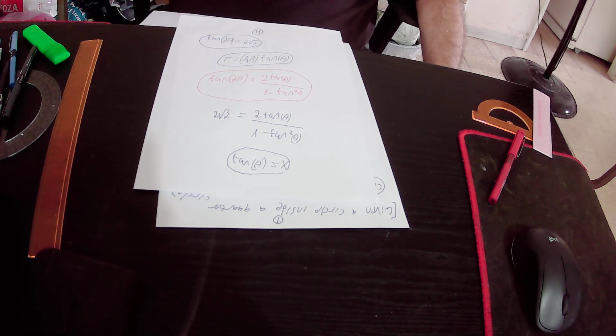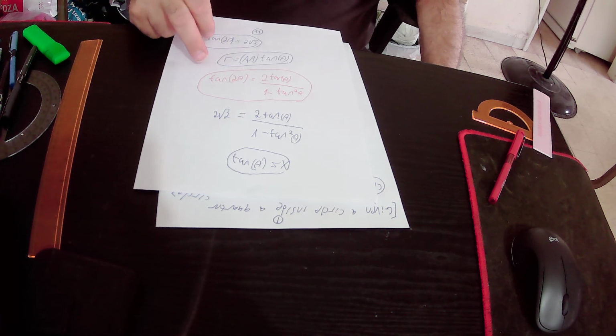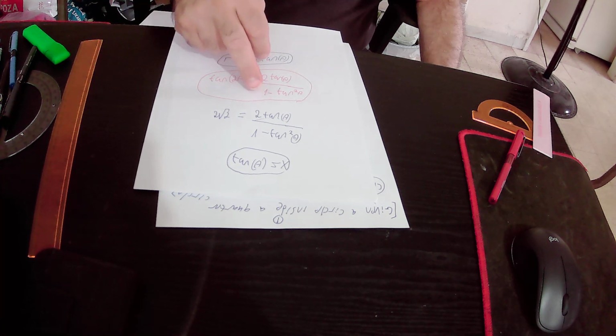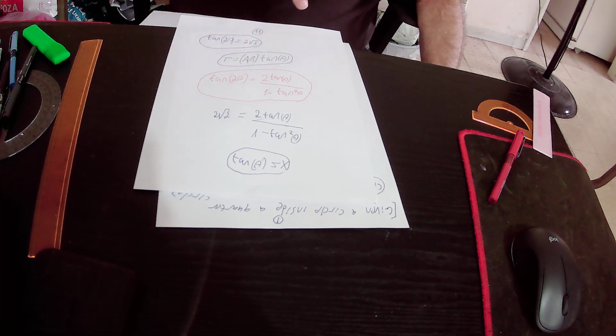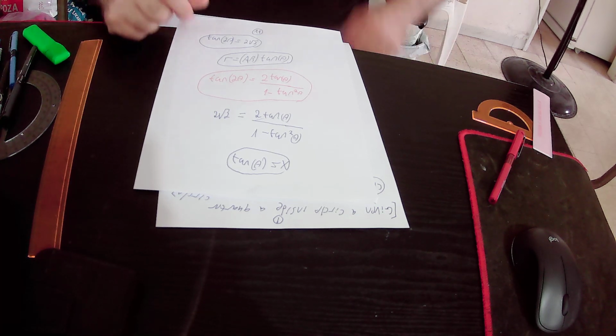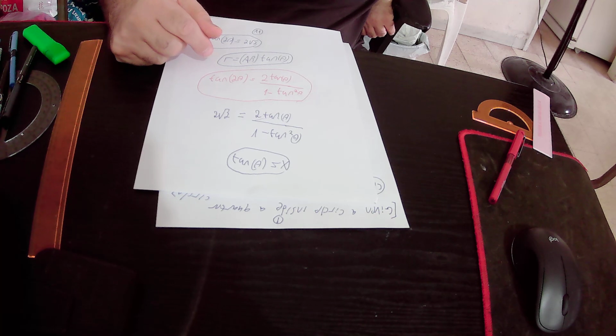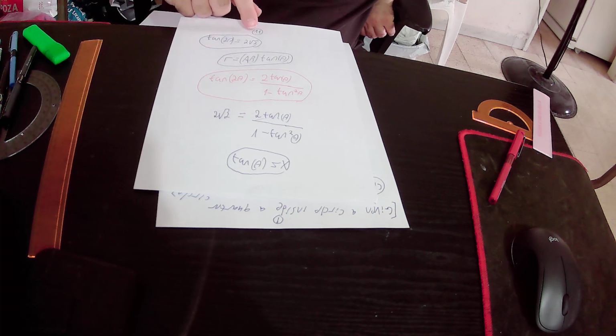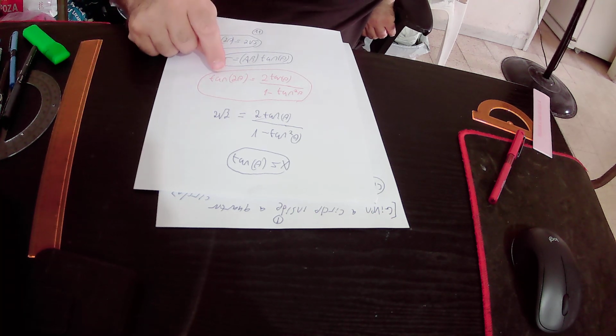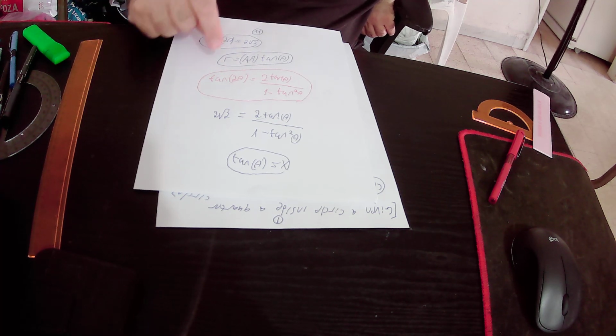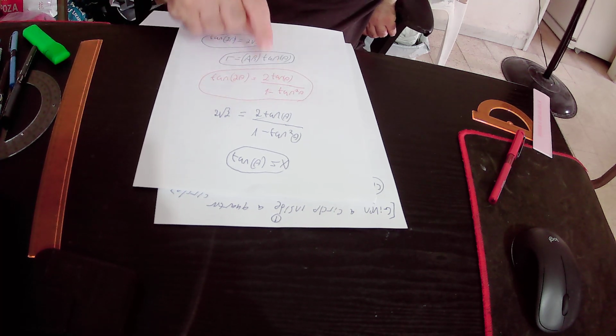In order to find tangent theta from tangent 2 theta, we will use the trigonometric identity that tangent 2 theta equals 2 tangent theta over 1 minus tangent square theta. We already found that tangent 2 theta equals 2 times root 2, so we can substitute it in the identity. And we get this equality.